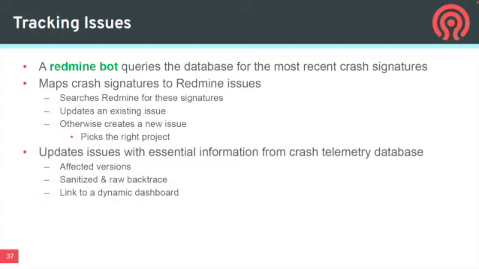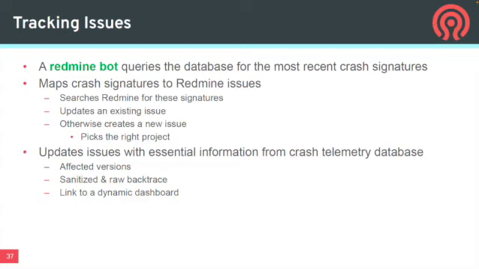And in addition, we have a Redmine bot that, again, having the data is nice, but we want to do something with it. So it can query the database for the most recent crash signatures, and then it will map crash signatures to Redmine issues. So in other words, it will create trackers in case it doesn't find anything similar in our tracking system.